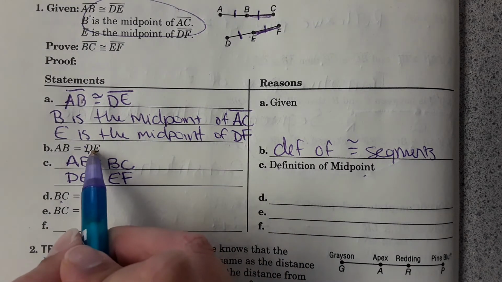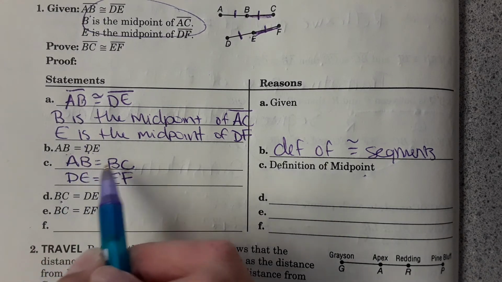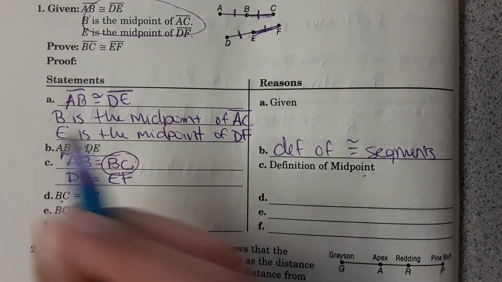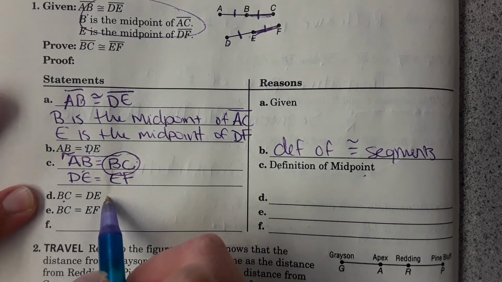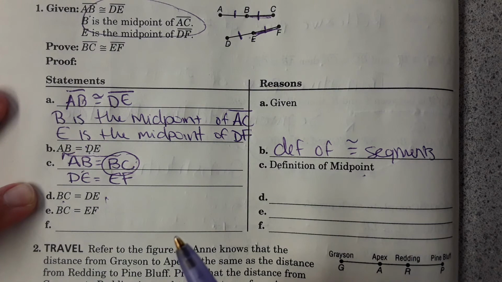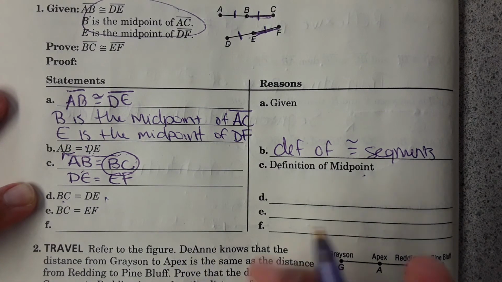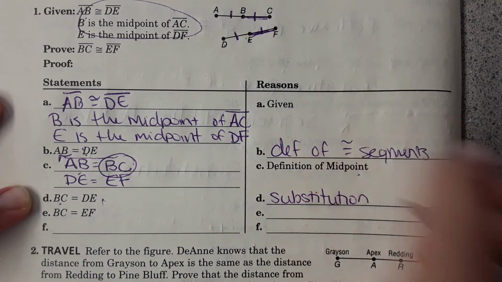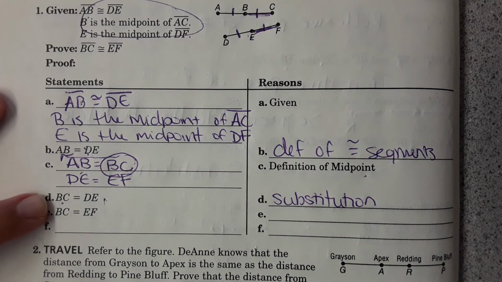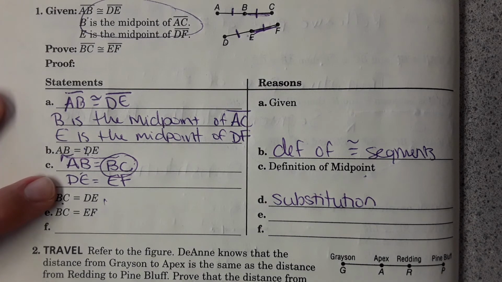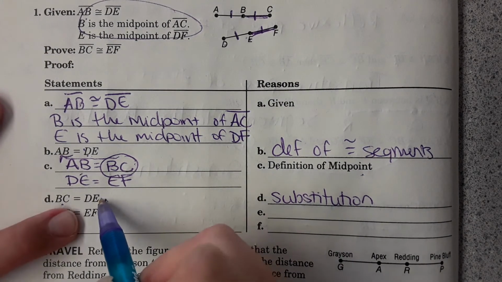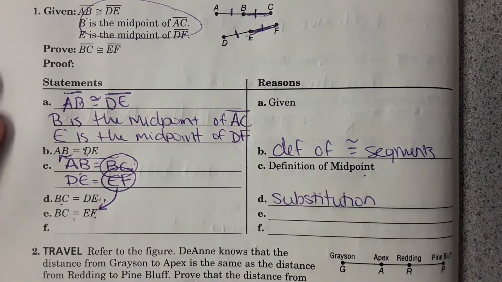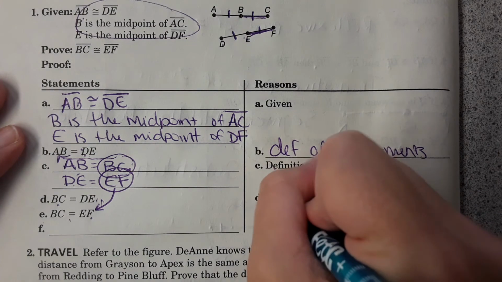Well, here it shows DE equal to AB. Since AB equals BC, you can plug in BC for AB here. And that's how they got this. Do you follow that? Okay, it's substitution. Then they repeated this, but they changed this to EF. The reason why is because DE equals EF, so they plugged that in there. And substitution again.